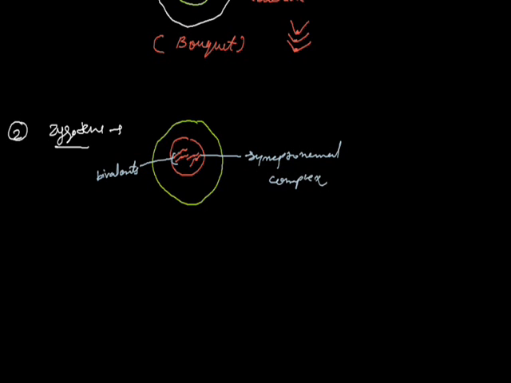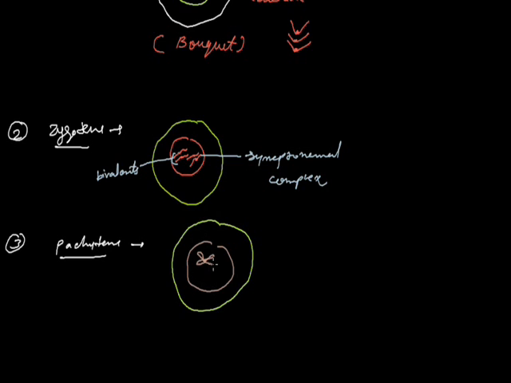Now the third stage is pachytene. In the pachytene stage, crossing over occurs. Both chromatids of each chromosome become visible, so each chromosome pair is called a tetrad. The crossing over occurs between non-sister chromatids, which are the chromatids of the homologous chromosomes.